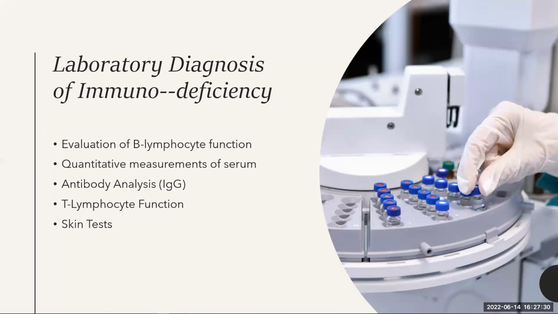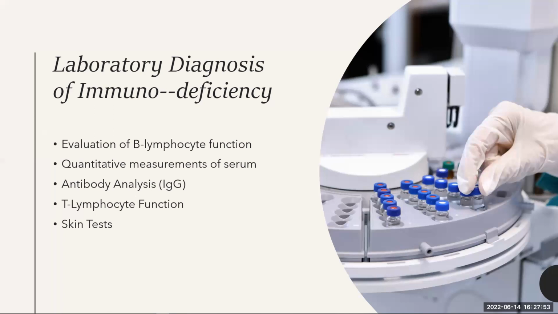Now, there are 4 subclasses of IgGs, and in some instances, the total serum IgG may be normal or near normal, but the patient may still have an IgG subclass deficiency. So proper assessment of antibody function is a necessary part of the evaluation of humoral immunity.